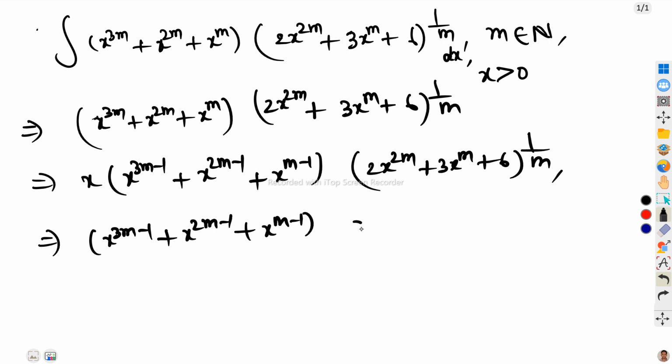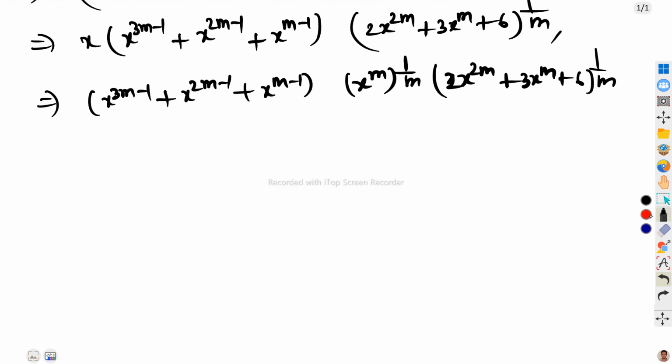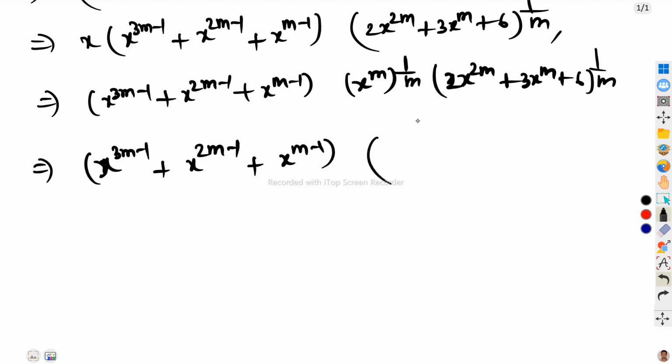This x can be written as (x^m) raised to power 1/m, and this is (2x^(2m) + 3x^m + 6) raised to power 1/m. So x^m can be taken inside the radical sign.